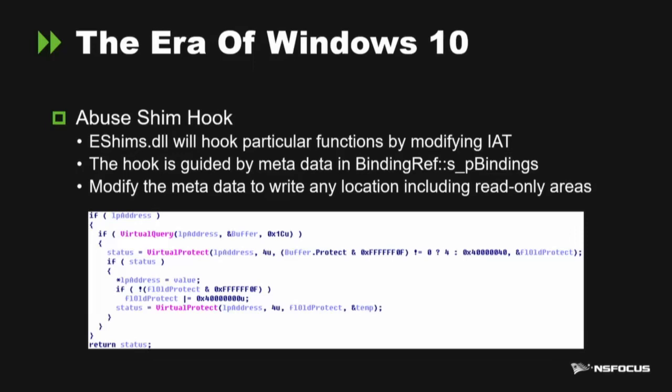How does the shim hook do the hook? It is guided by some metadata stored in the shim bindings structure. So you can just modify that structure to let the shims modify any data for you, including the read-only areas, and then achieve arbitrary code execution.